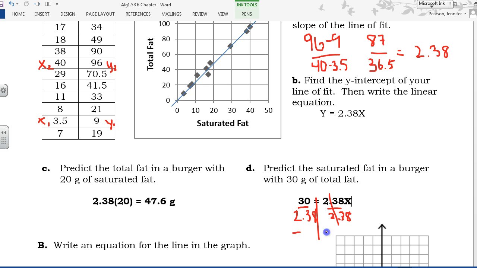And then x is 30 divided by 2.38, 12.6 grams.